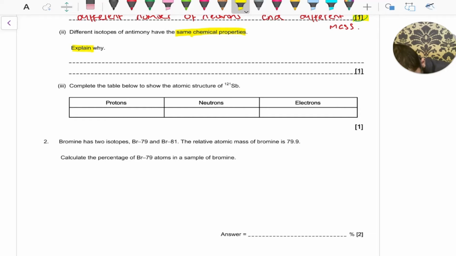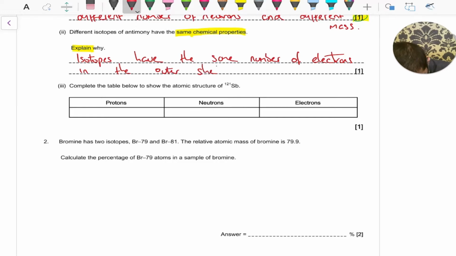So I'll write down for this question, isotopes have the same number of electrons in the outer shell.